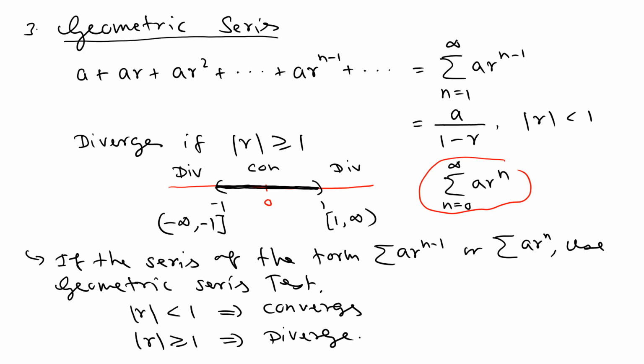If you only need to find whether it converges or diverges, you just look at the absolute value of r. But if you need the sum, then you continue and use a over 1 minus r to find the sum. Good. These are the kinds of problems you can try with this technique. The exercises are going to be problems like this.